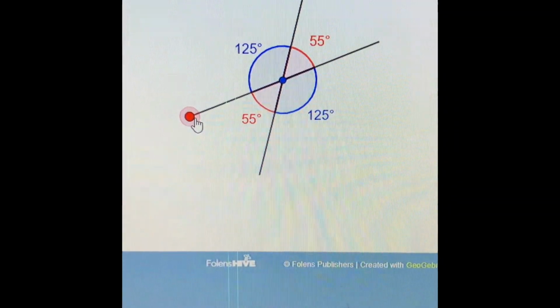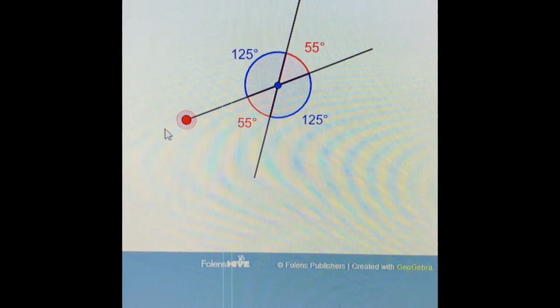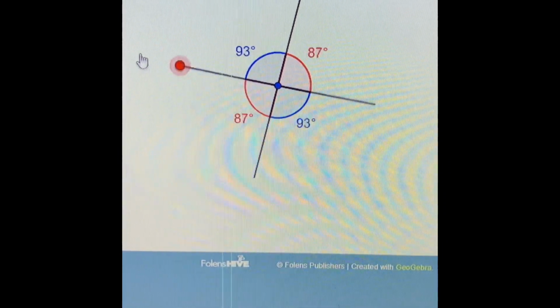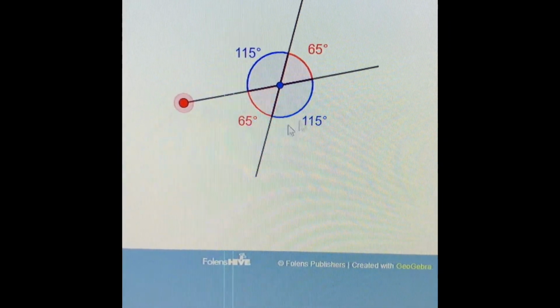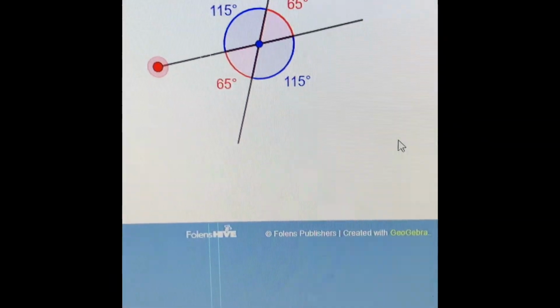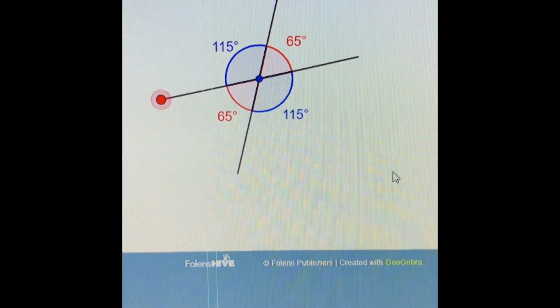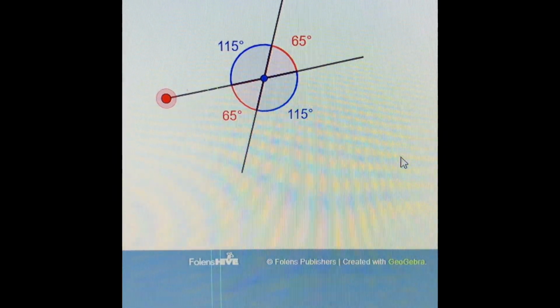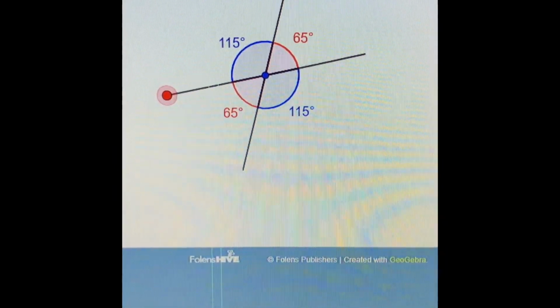Okay, so on the screen, I've got two lines here that are intersecting. Can you tell me which theorem I am going to be demonstrating then? Which theorem was it that we looked at, or what's it called?